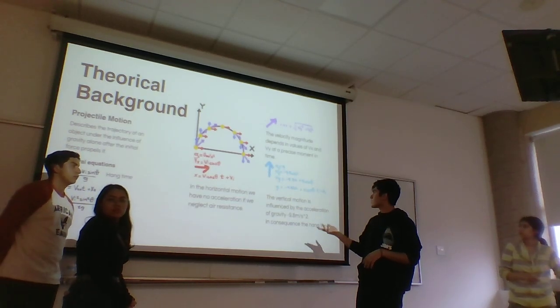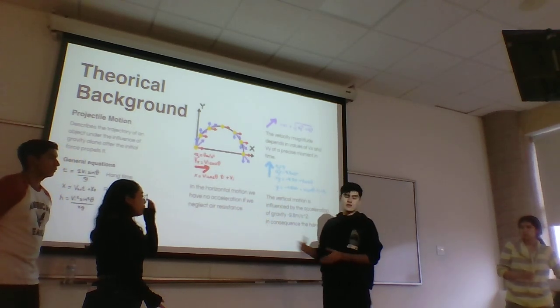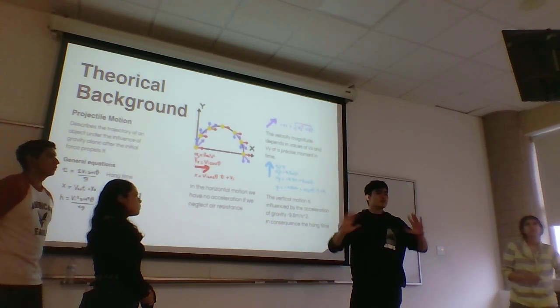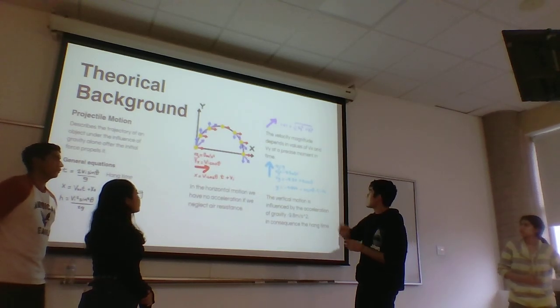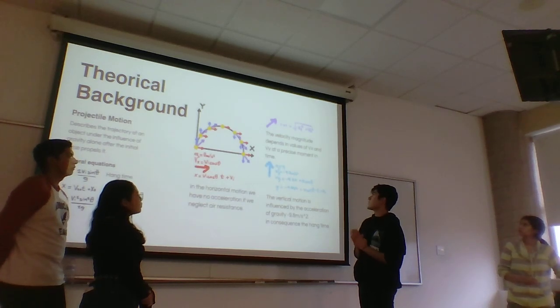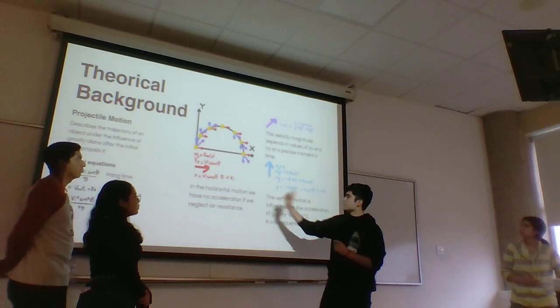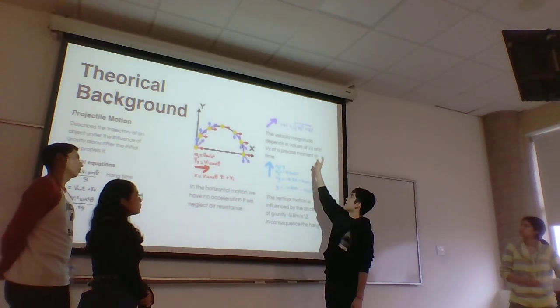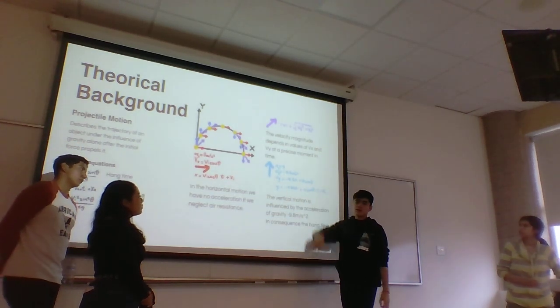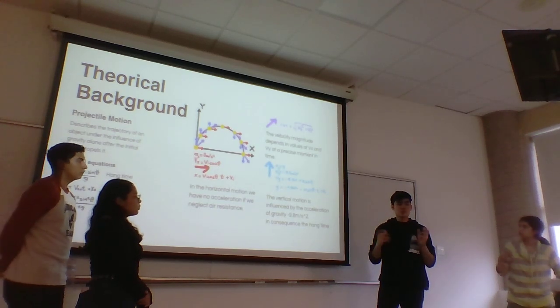This also takes into account that we are neglecting air resistance, so these are theoretically perfect equations. And lastly, the velocity magnitude, we can get it from the initial velocity in y squared plus the initial velocity in x squared, taking the root of that sum.